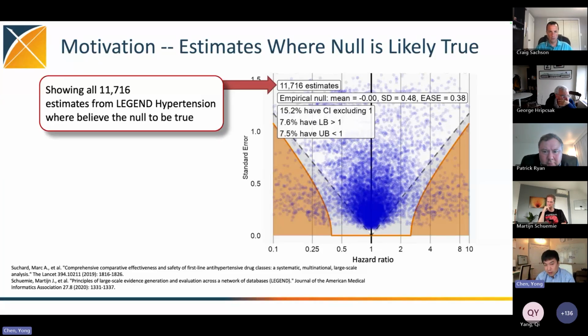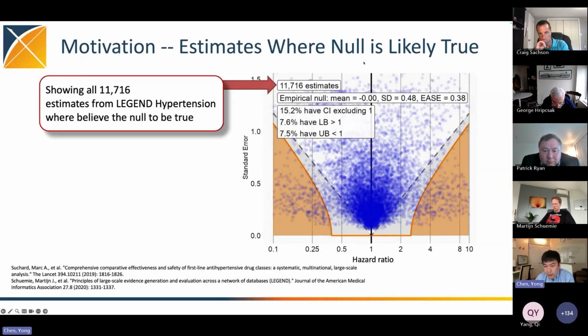We have close to 12,000 estimates. In this case, we have the prior knowledge that the outcomes are likely to be unrelated to the exposure, so we call these estimates the null estimates. In other words, we have an approximate underlying truth.